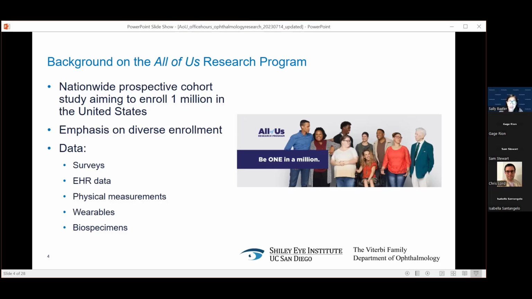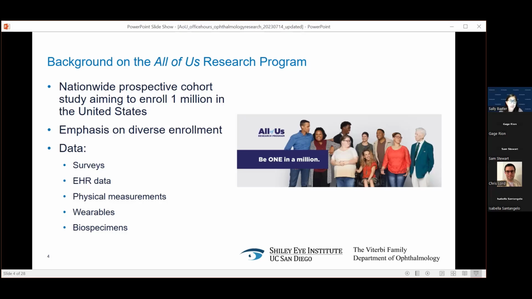And I think that's truly been one of the greatest advantages of working with this data source, and certainly something, in ophthalmology, where some of our conditions really do disproportionately affect communities who have not been well represented in research. And so this was really a great way to address that issue and be able to study those populations, because they're the ones that can be more often affected by many of our most prevalent eye conditions.